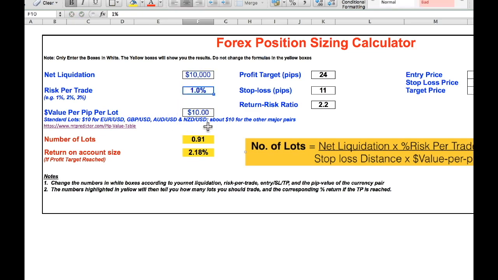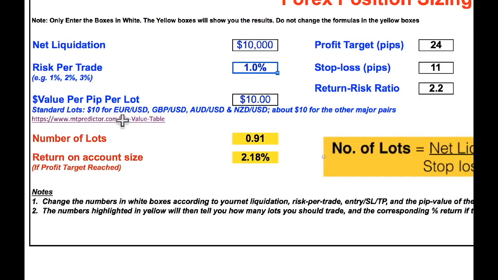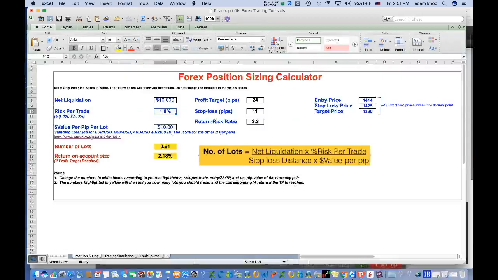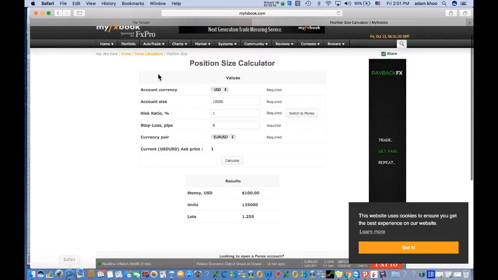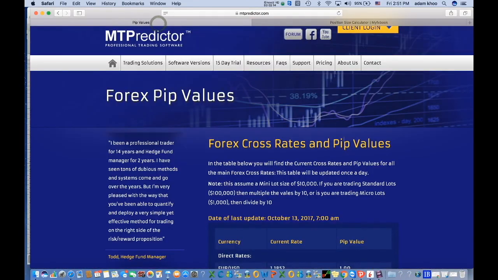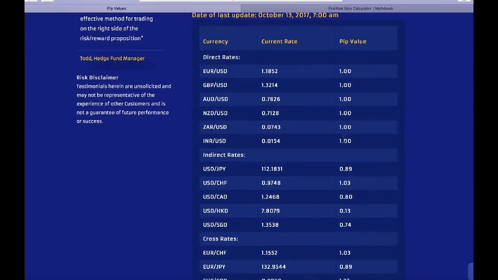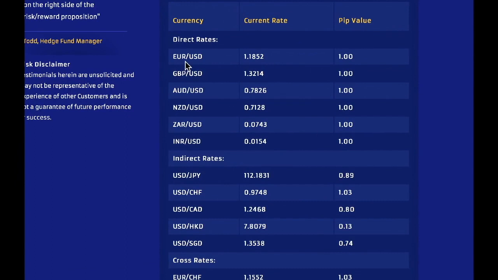Now the dollar value per pip, what is it? Again, for most US dollar pairs, you can just use $10. If you want to be precise, go to this website, which I've mentioned before. For example, if you're trading Euro USD, you use $10. Just multiply by 10.